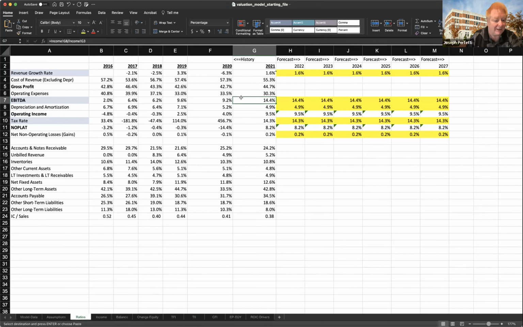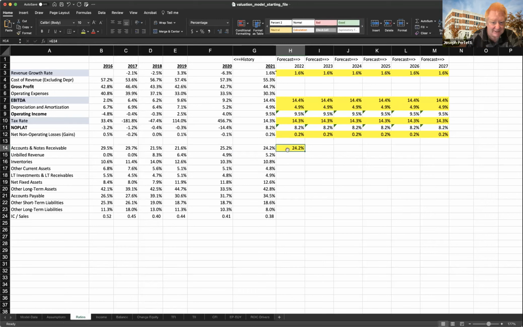All right. Now we're back in the ratios tab. We're going to start forecasting the balance sheet. Same thing. Every one of these balance sheet items is a percentage of sales. So for 2022, accounts and notes receivable, H14, equals G14. That is going to be a cell which I'm going to make yellow, because again, that could change.